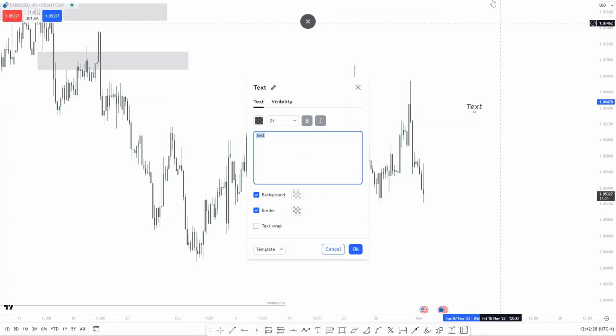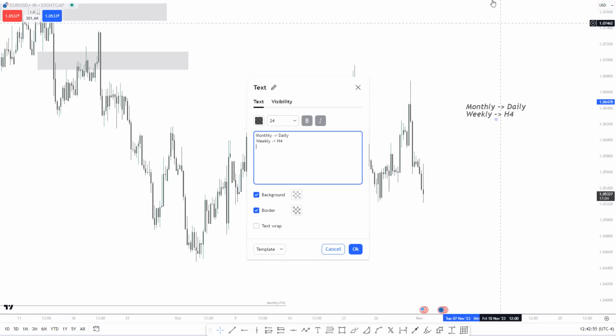Okay, so from monthly, for example, if price is at a monthly PD array, we are going to look for reaction from that PD array, or if there is a low or high, we're going to look for reaction from that low or high on the low time frame. So the low time frame of the monthly chart is going to be daily. Same for weekly, it's going to be the 4-hour chart.